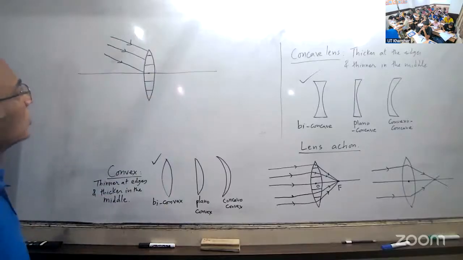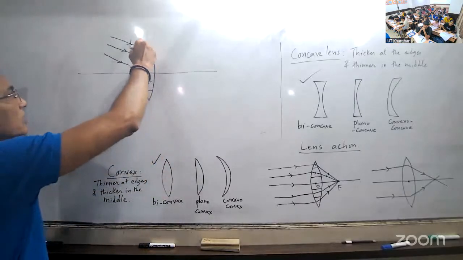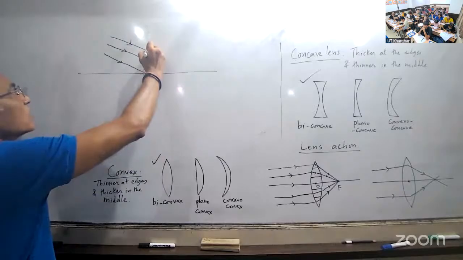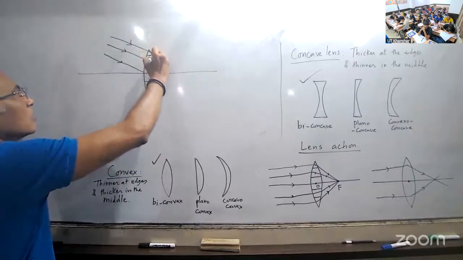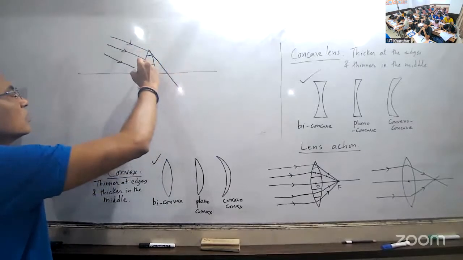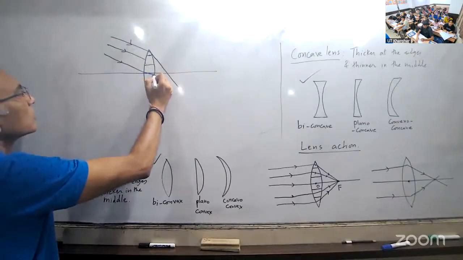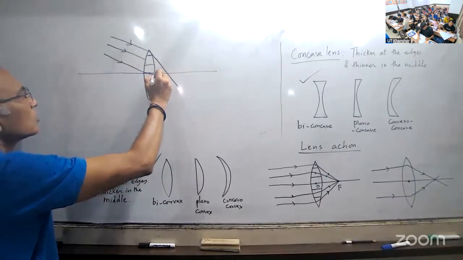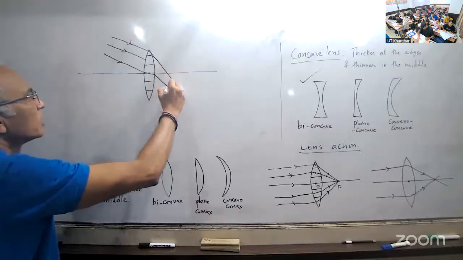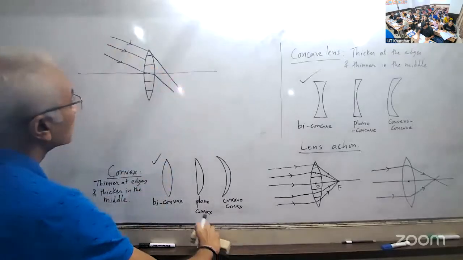Right? So again, since this is a prism, it will bend twice, goes down. Now this is entering a denser medium, and then this also goes down. There will be no deviation, right? This will be parallel.